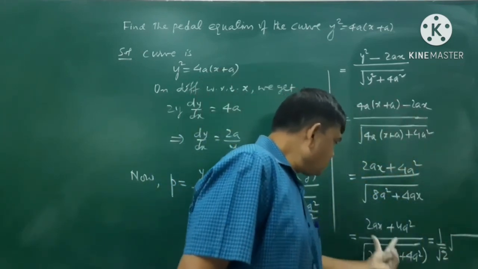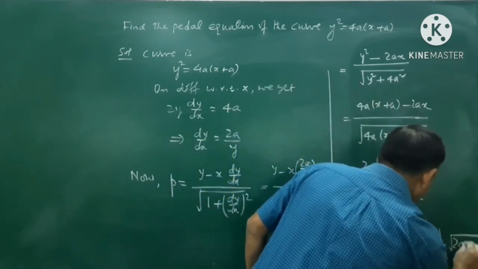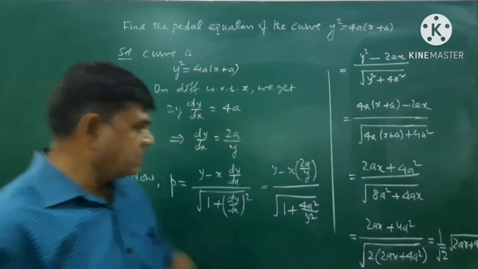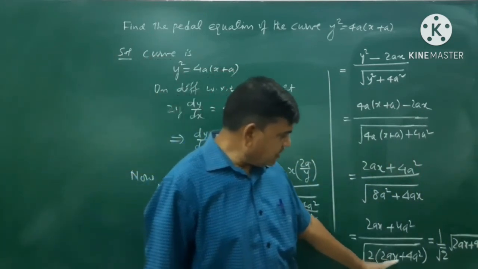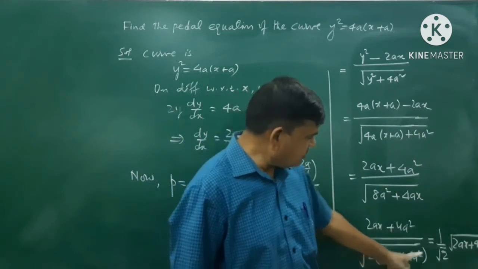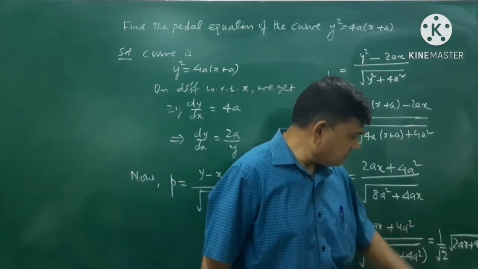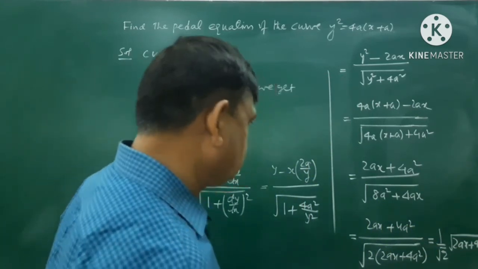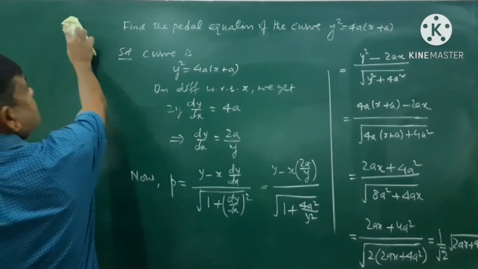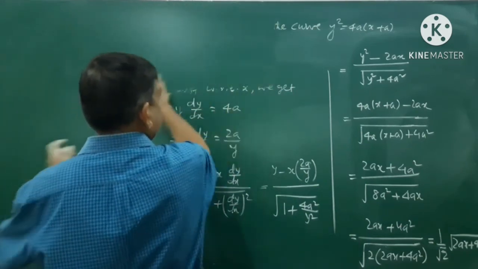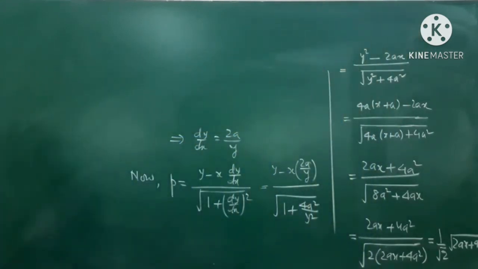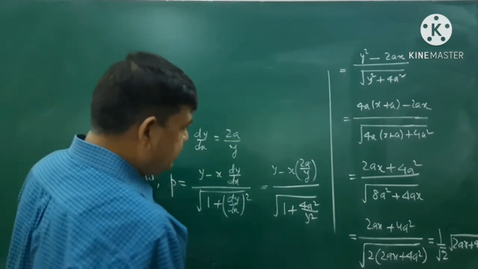ये टर्म और ये टर्म कैंसिल होके 2ax plus 4a square. Look at this. This is 1 by root 2 and 2ax plus 4a square, so this is cancelled out from this side. This is equals to p.